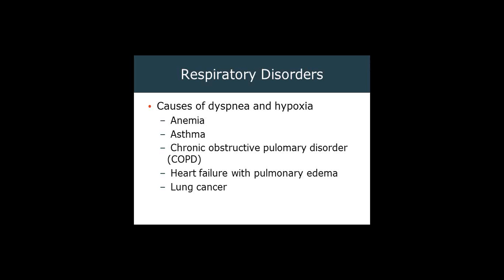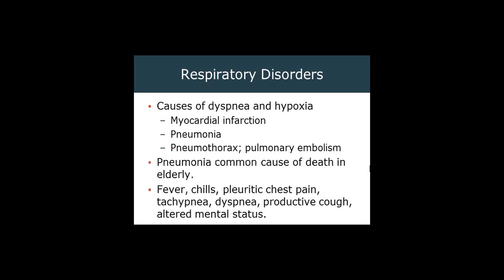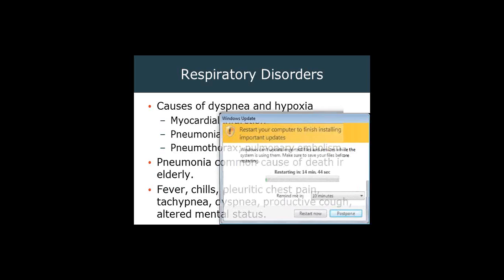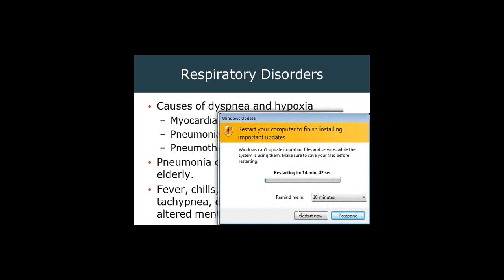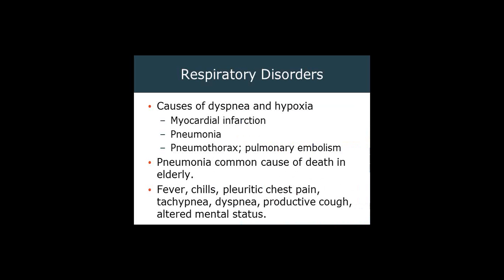So we have all of these things which we've talked about as we've gone on through the course. Not to forget that myocardial infarction, pneumonia, and pneumothorax or pulmonary embolism may also be a problem that they deal with.